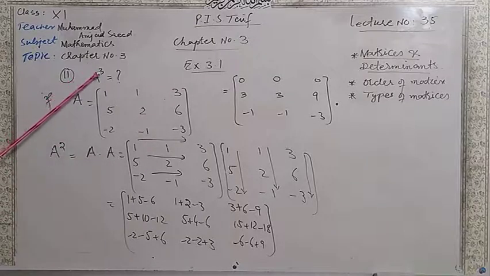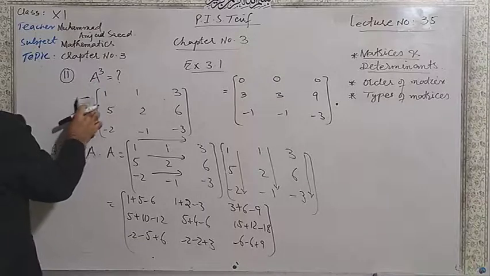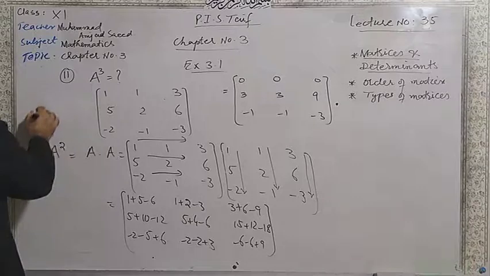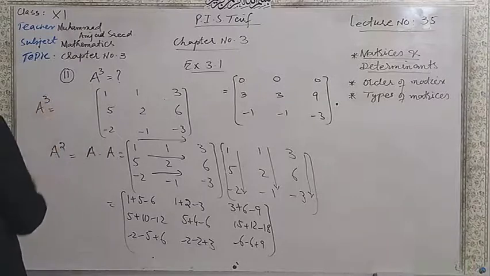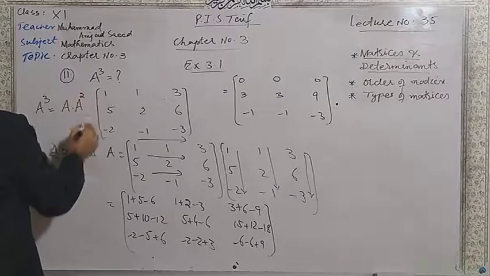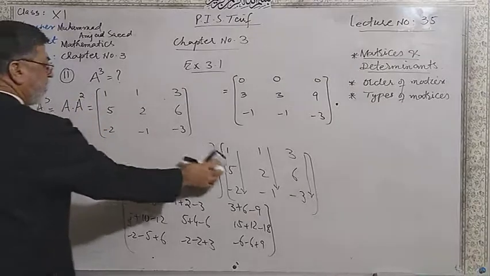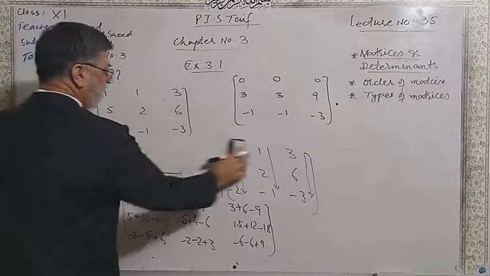After that we have to find A cube. In case of A cube, we can write down A into A square. And A square we have already formed, this one.